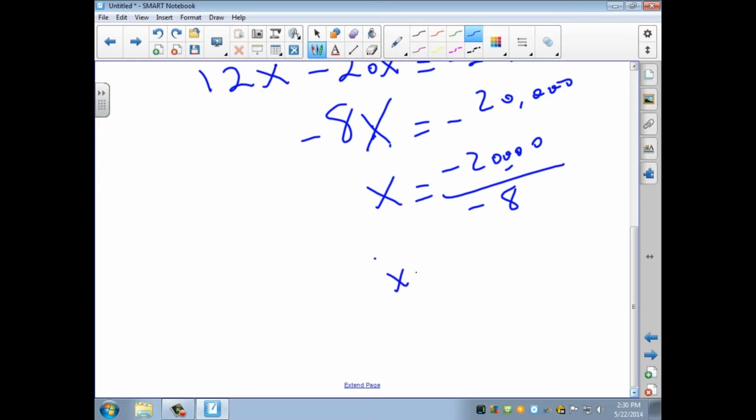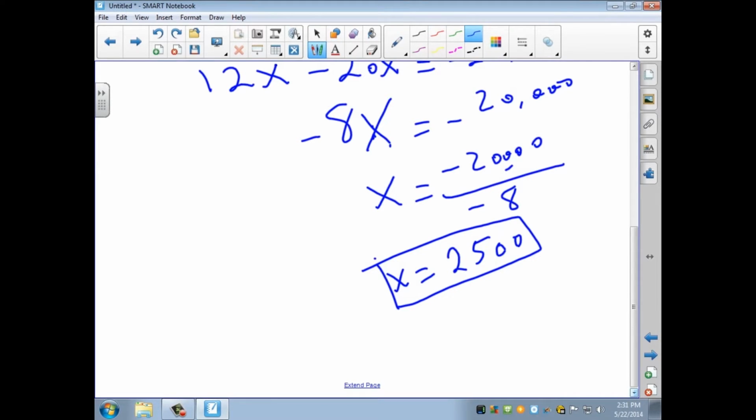X would be equal to 2,500. So for number of units of 2,500, the company would break even.